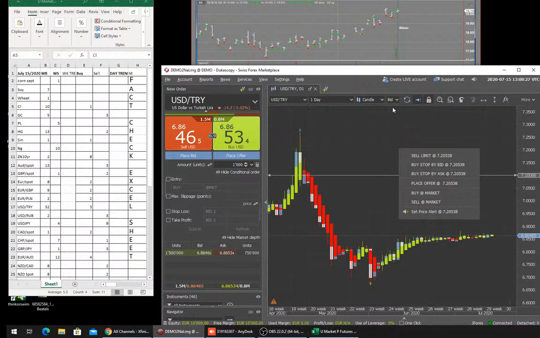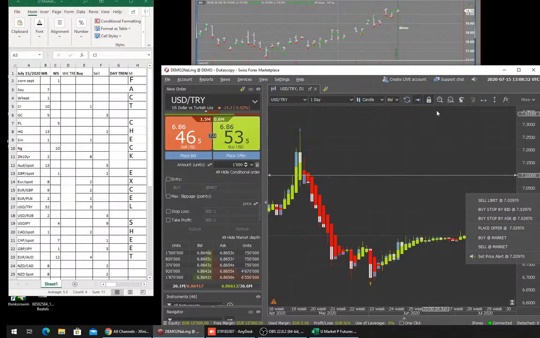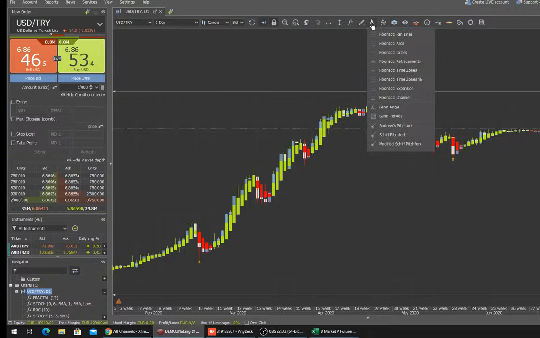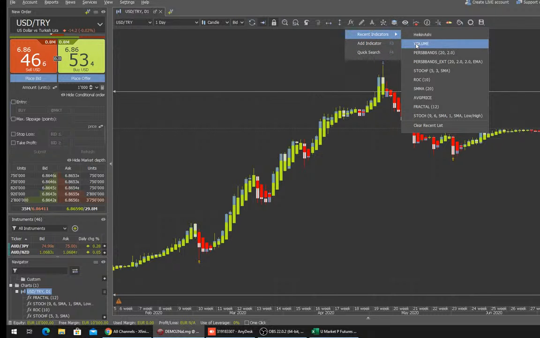Let's go look and see. How did we lose that? Where's it at? We'll find it in a second. I think we have to make it bigger. Recent indicators.